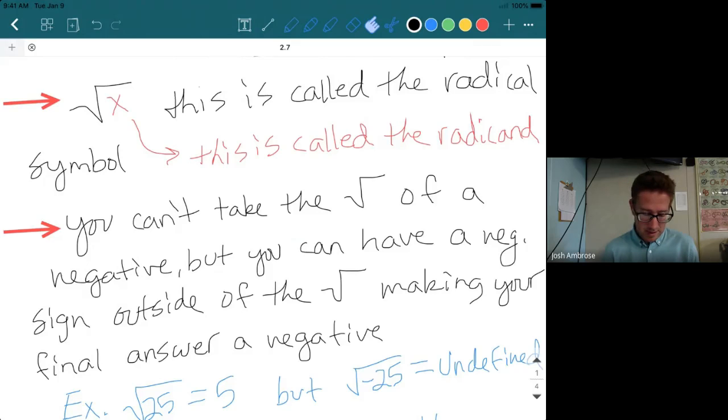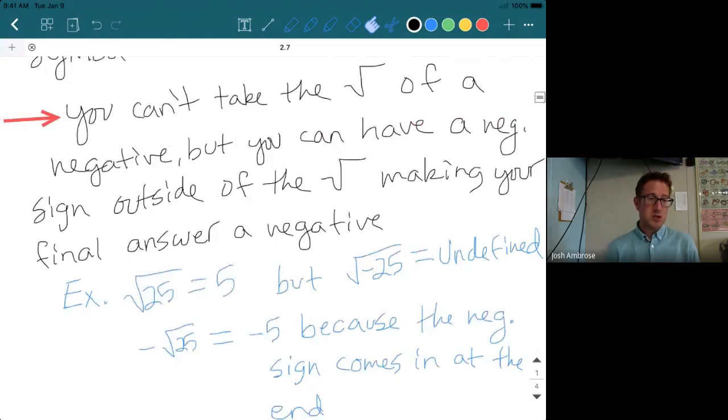Now the next thing we want to jump into is you cannot take the square root of a negative number. But you can have a negative sign on the outside of that radical, therefore making that final answer a negative. So there are some examples I wanted to write up there. Let's start with the simple one: the square root of 25 is 5. But what if I said the square root of negative 25?